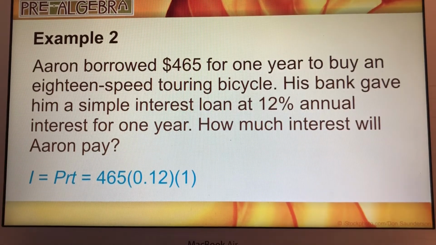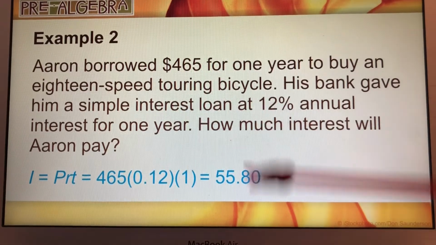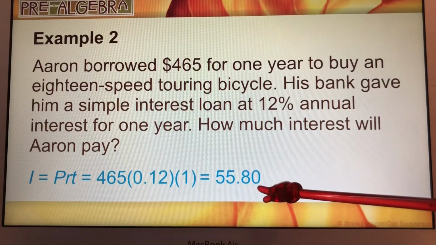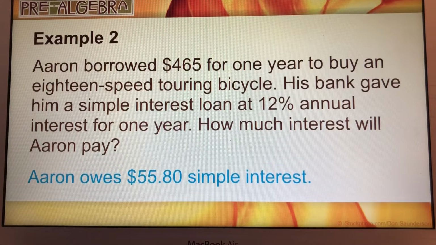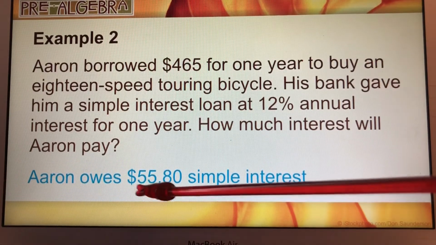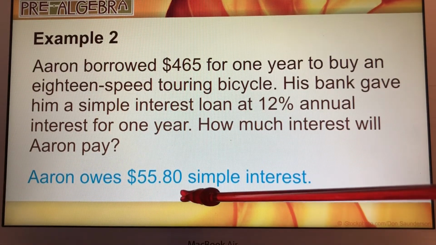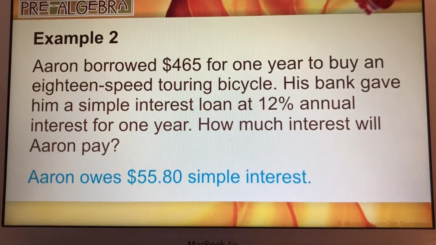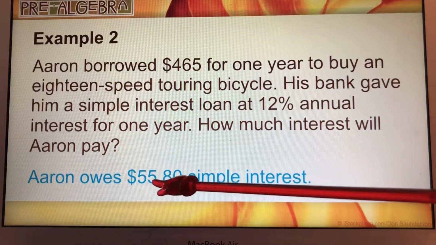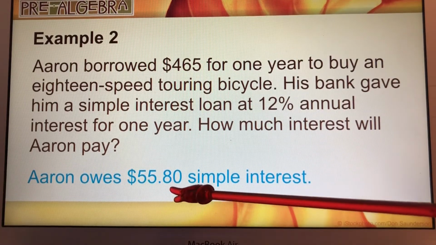So when you do those calculations, you end up with 55.80. This is very important to keep because we're talking about dollar amounts, right? So Aaron owes $55.80 in simple interest.